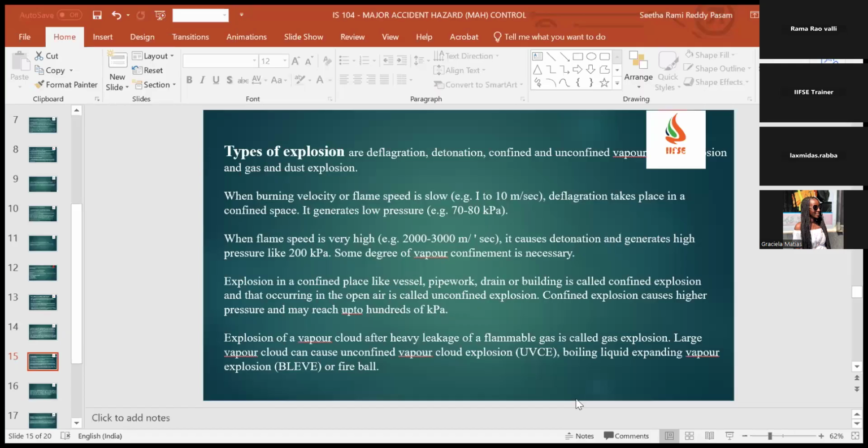When the flame speed is very high, 2000 to 3000 meters per second, it is a detonation, which generates high pressure like 200 kilopascals. Some degree of vapor confinement is necessary. Those are the two major differences between deflagration and detonation.